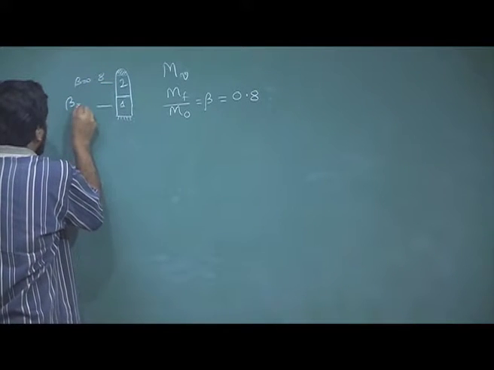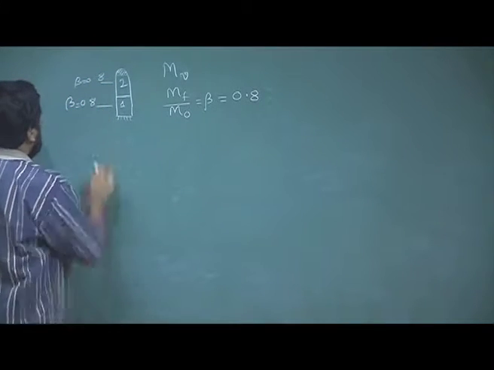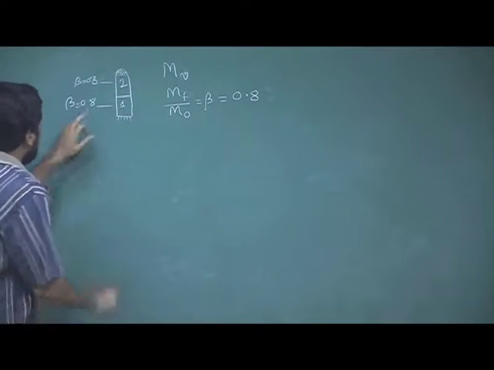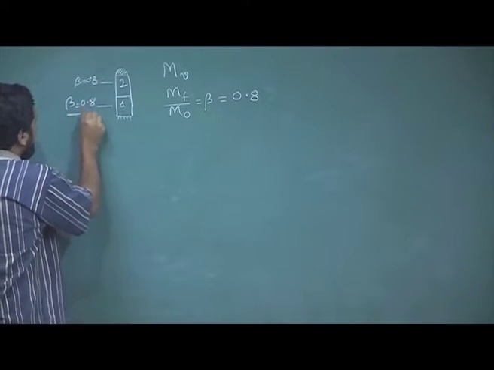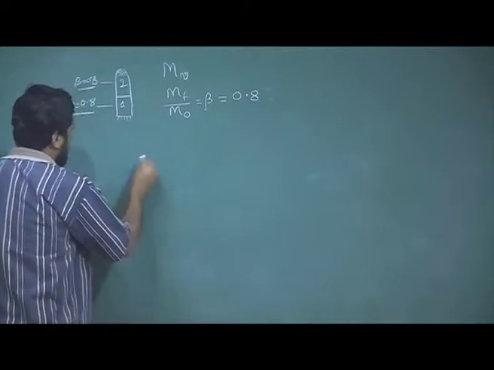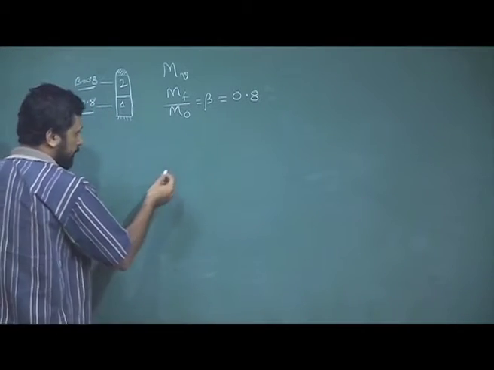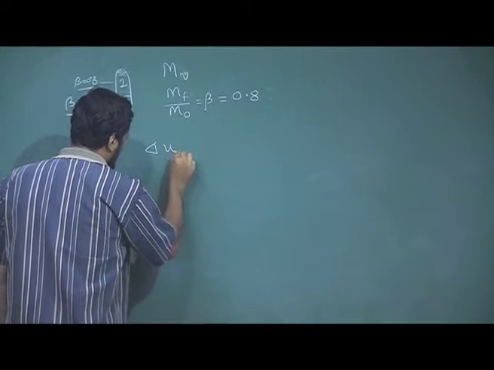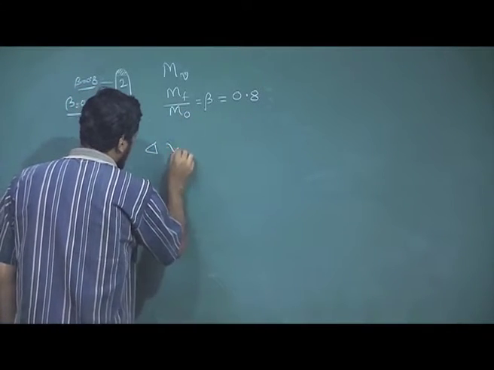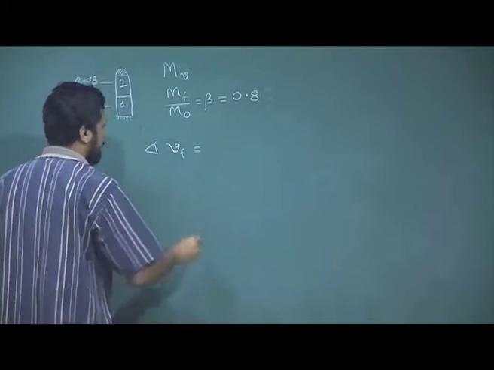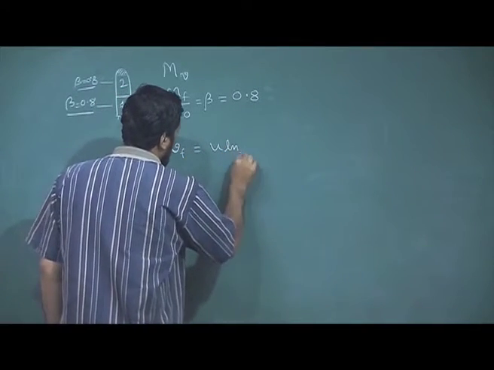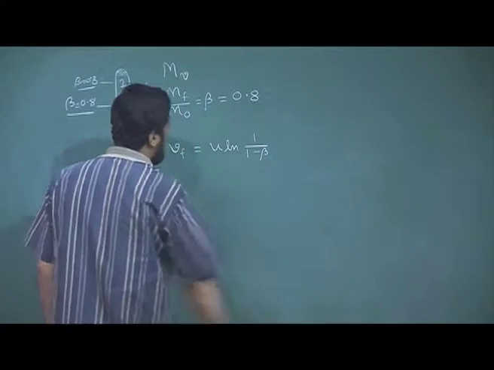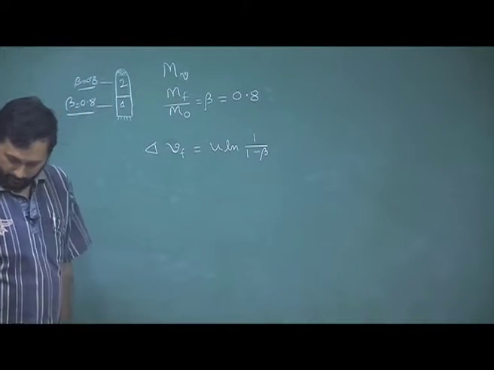Okay. Now this rocket is moving in free space. So we have to use this equation, delta V_f is equal to u ln 1 by 1 minus beta. Okay.